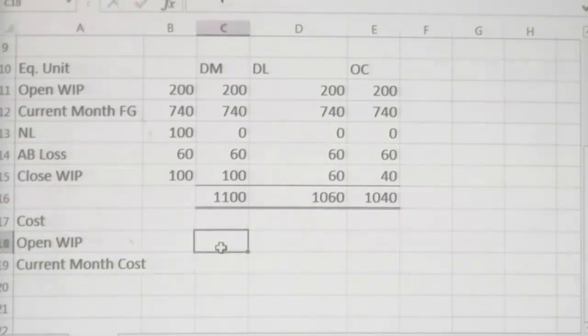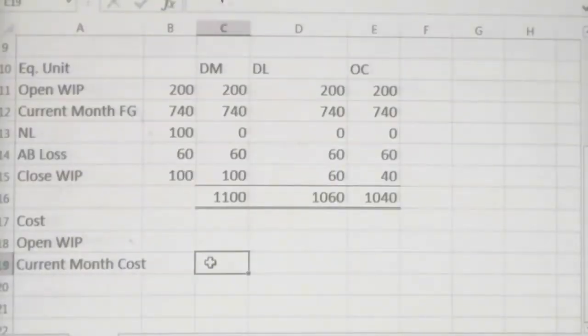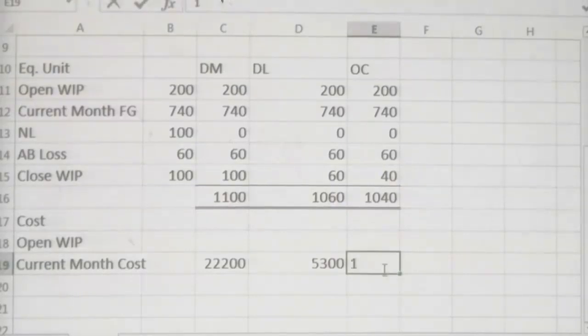They have given direct material, direct labor and other cost for opening work in progress, and the current month cost separately. Let's take the current month cost from the question: 22,200 material, 5,300 labor and 10,800 other conversion cost.